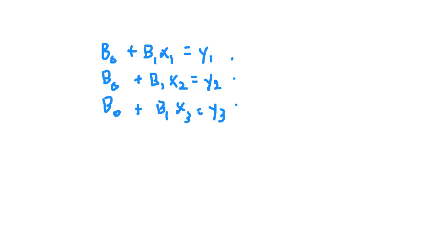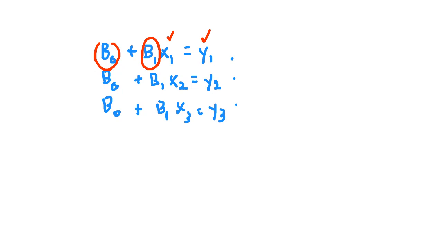We have 3 equations in 2 unknowns, right? The beta naught and the beta 1. Those are our variables we want to solve for. We are given the values of x and the observed values of y. Now we want to solve for beta naught and beta 1.